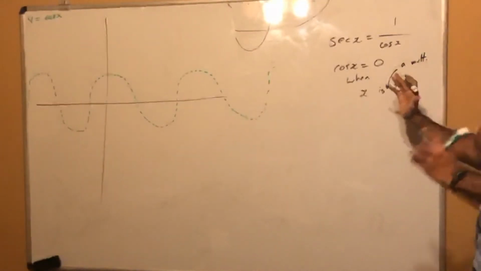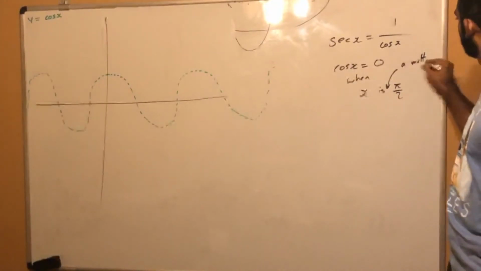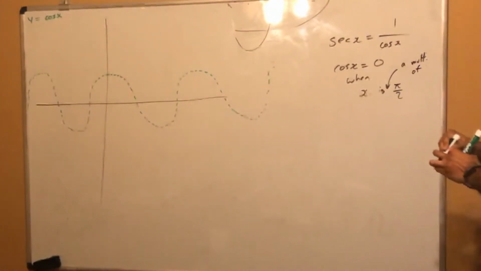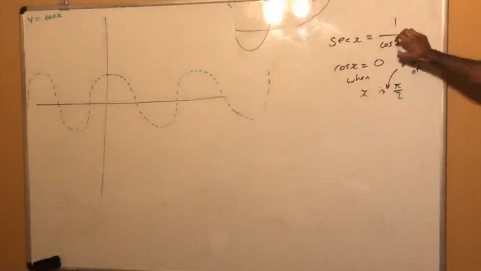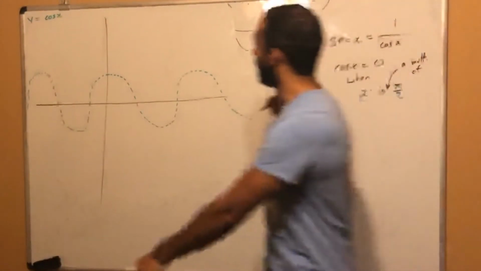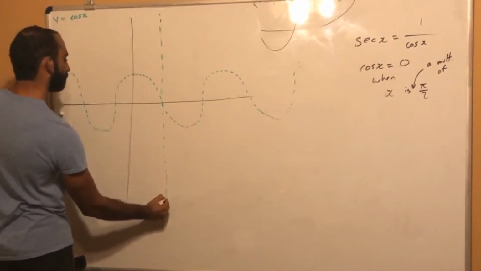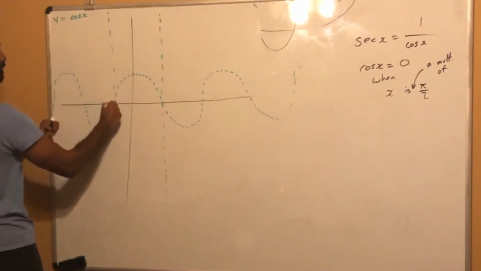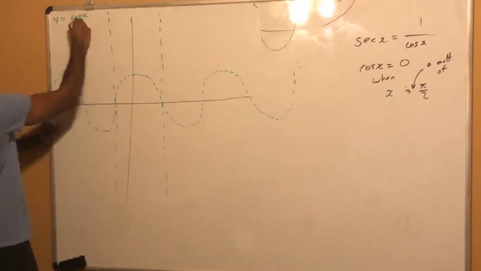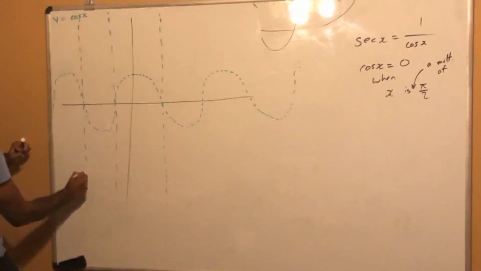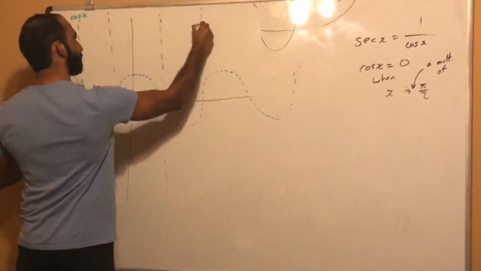We want everything to be spaced by pi. So, 0 in the denominator, non-zero at the top. I got my nice vertical asymptotes now: there, there, and there.